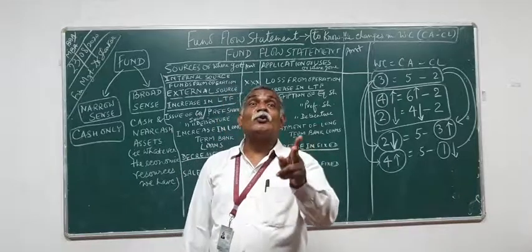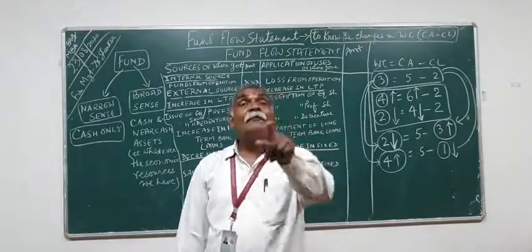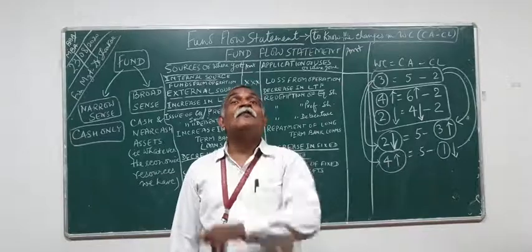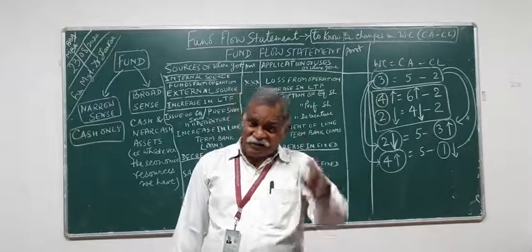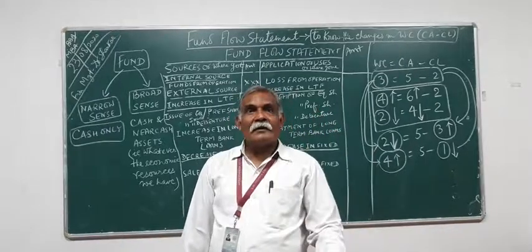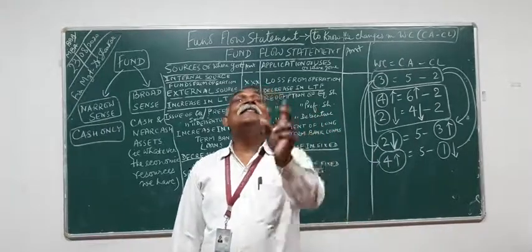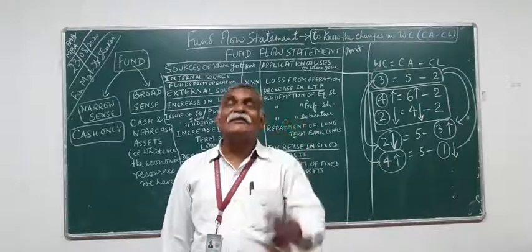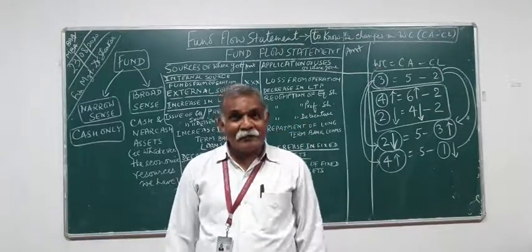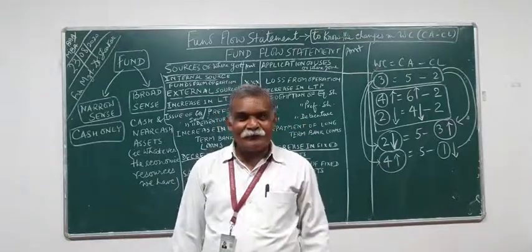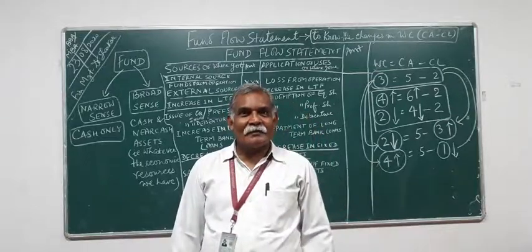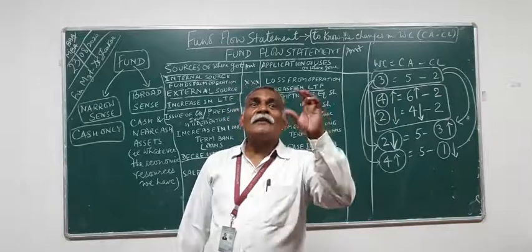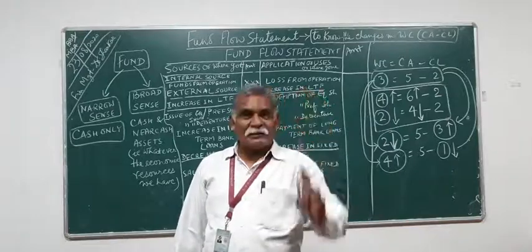Equity share capital is also known as common stock, and preference share capital is also known as preferred stock. This is share capital. After that, there is debt capital. What is debt capital? Debenture, bond, long-term bank loans. These are your long-term external sources.